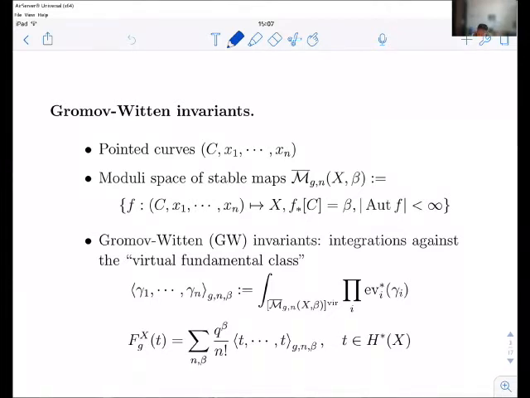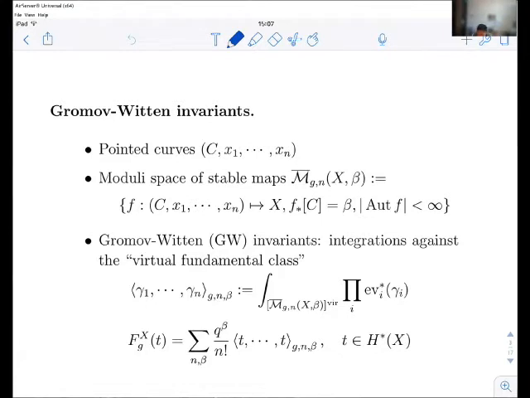This automorphism needs to fix these marked points. So the Gromov-Witten invariants are the integrations against the virtual fundamental classes of this moduli space of stable maps.